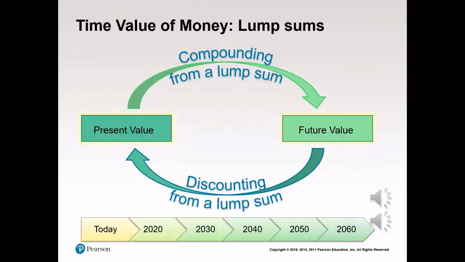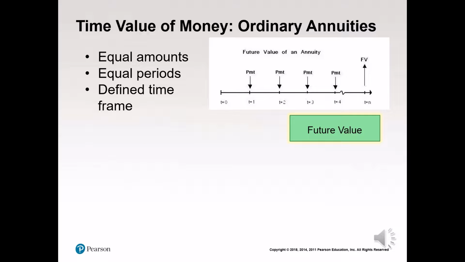But problems aren't really this simple. Many times we don't deal with lump sum problems. It is fairly common for us to need to work with annuities rather than lump sums.